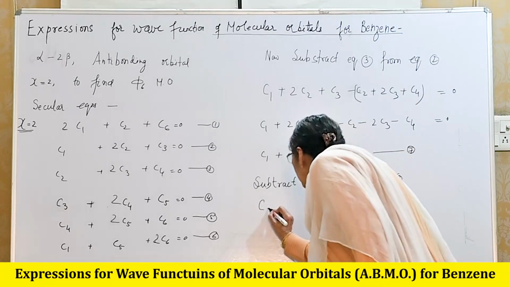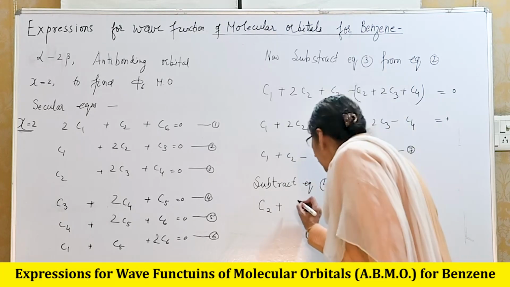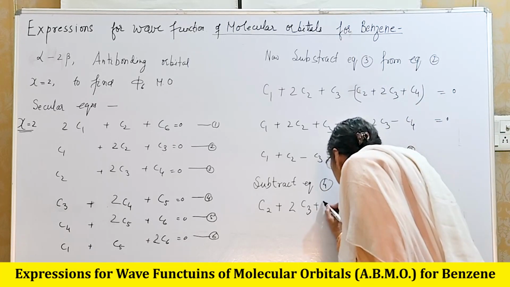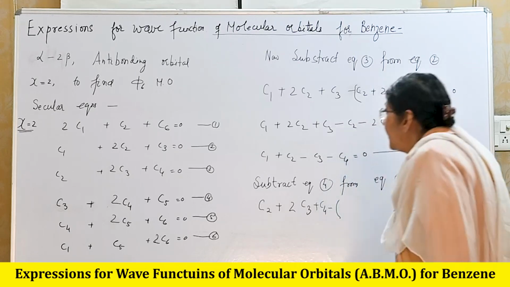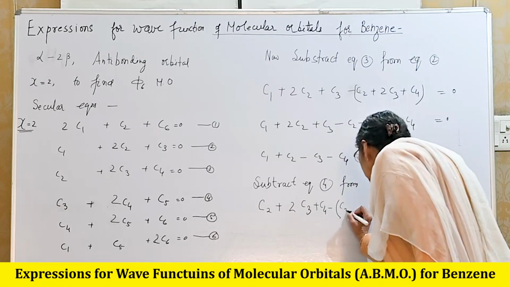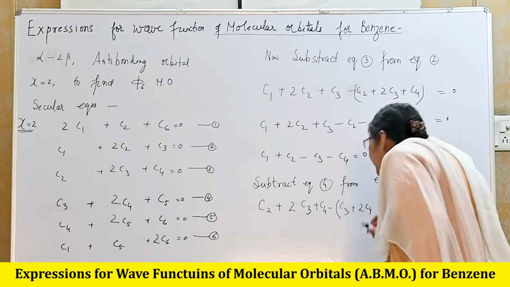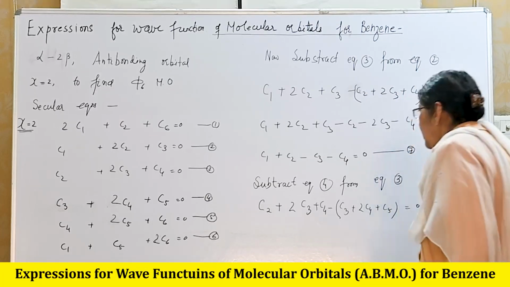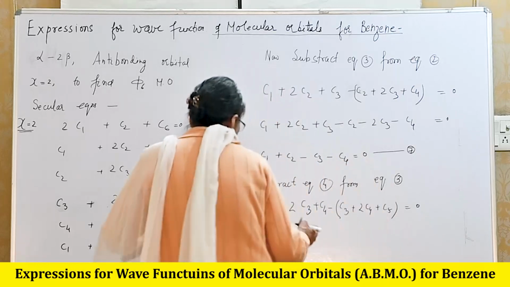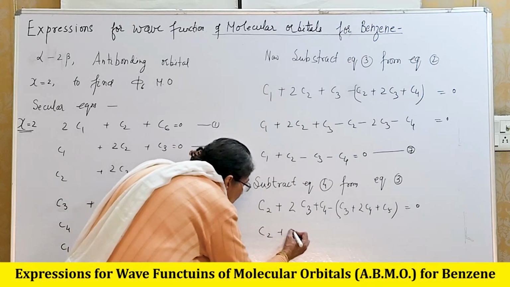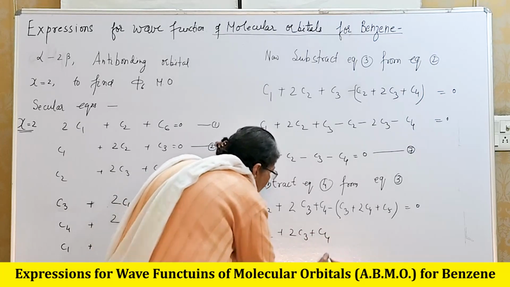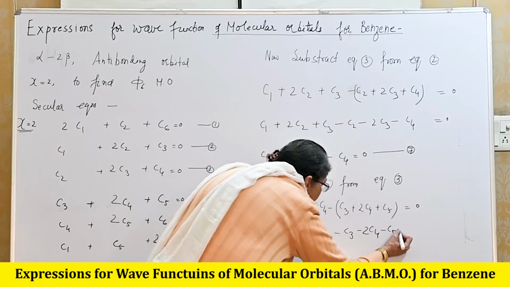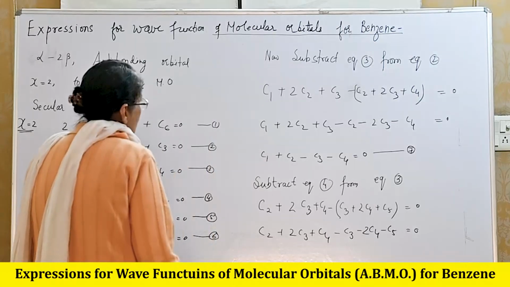C2 plus 2C3 plus C4 minus C3 plus 2C4 plus C5 is equal to 0, and C2 plus 2C3 plus C4 minus C3 minus 2C4 minus C5 is equal to 0.